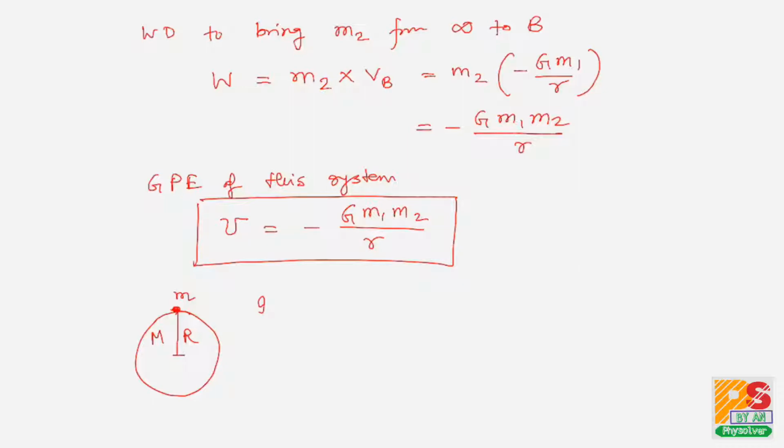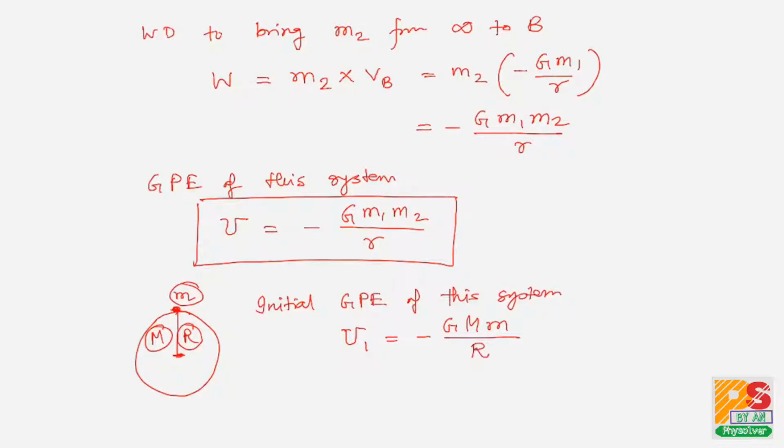Therefore the initial GPE of this system, the system consists of two masses: one is the body of mass m, another is the earth. And the distance between them is what? Capital R, not 0. Remember, not 0, because the distance in gravitation is always calculated from center to center. Therefore the initial GPE of the system, suppose U1, is minus G capital M small m divided by the distance, which is capital R.